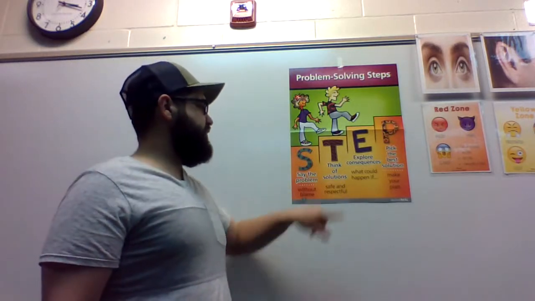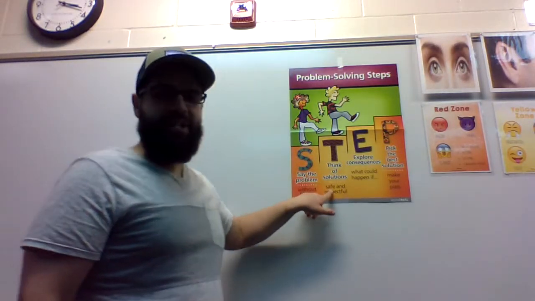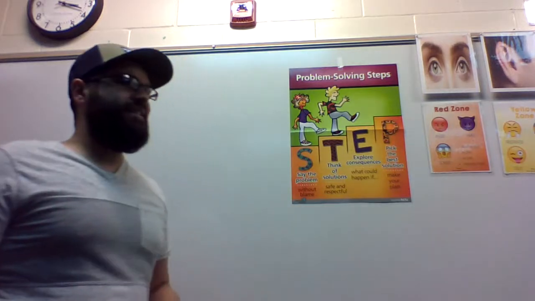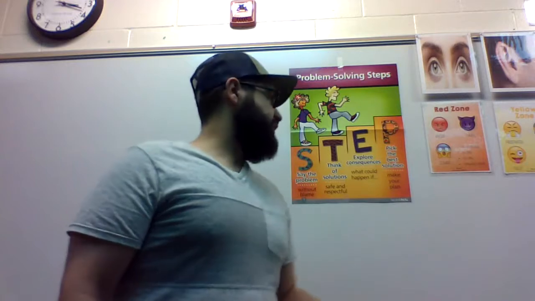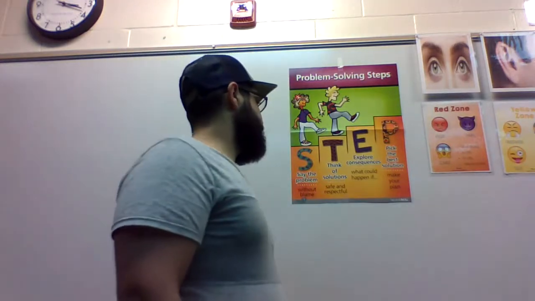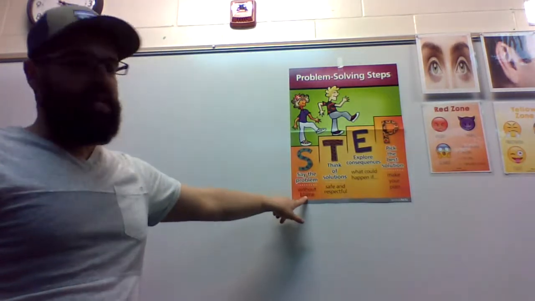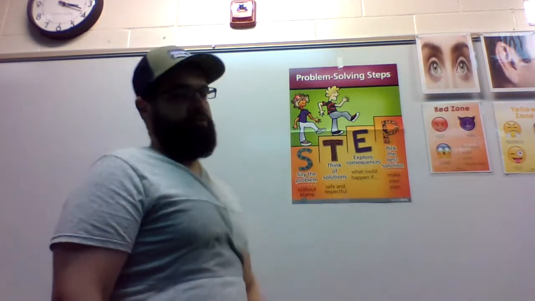The second step is thinking of solutions, and the solutions need to be safe and respectful. That means they're safe for both parties, both people who are solving the problem, and they're respectful to both. So say the problem without blame and think of solutions that are safe and respectful.